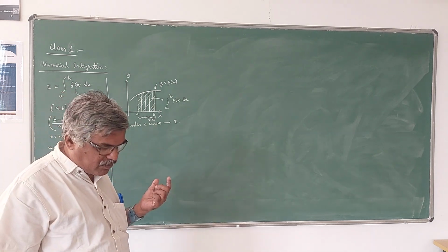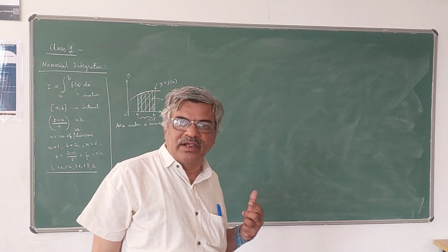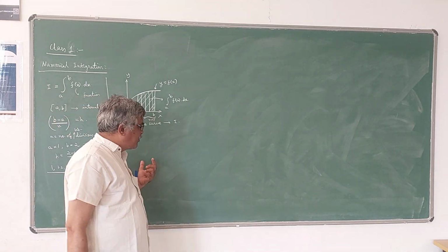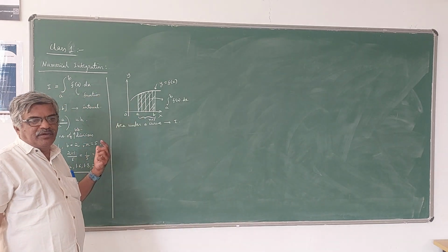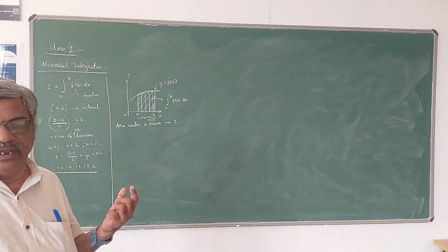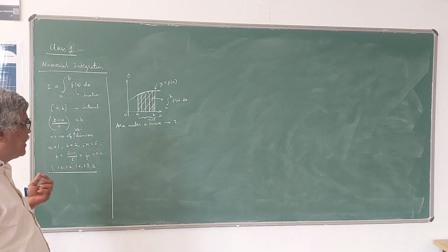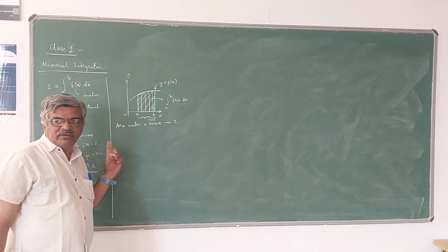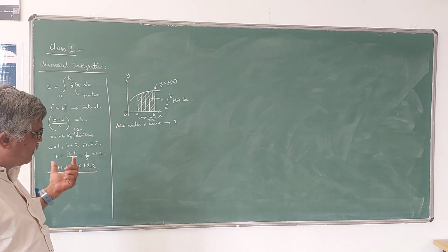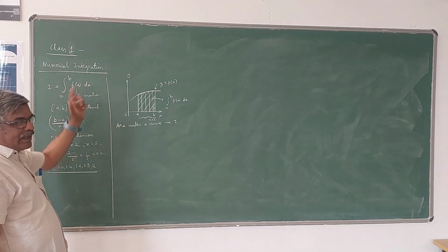So either you have to go for integration by parts or integration by substitution or some other standard formula may be used. But if the function is complicated, where you cannot find the integral value exactly, then you have to go for an approximate value. An approximate value of I can be obtained by using some integration techniques.